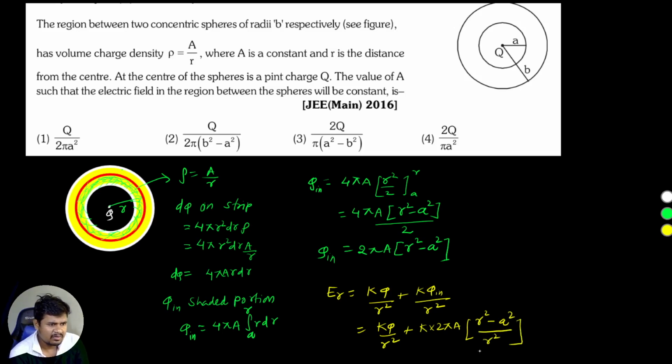So for E at r to be constant, it should be independent of r. Yes or no? It should be independent of r.